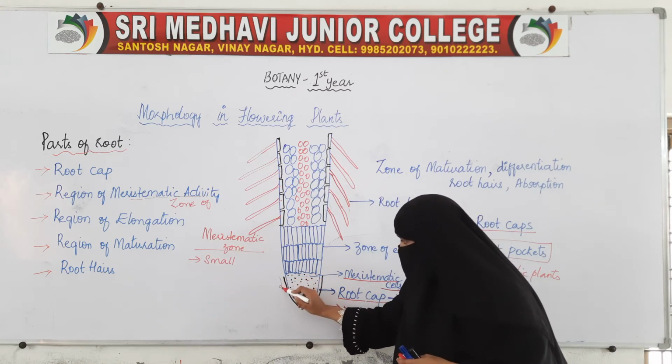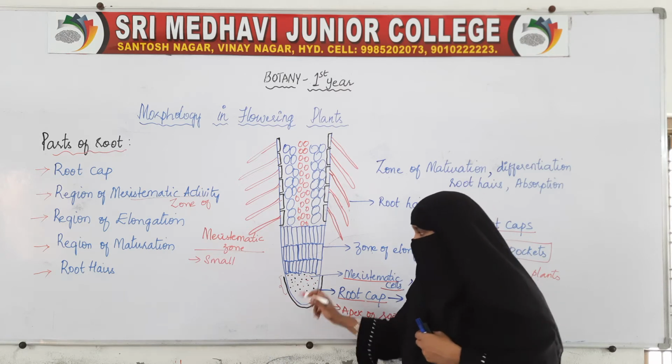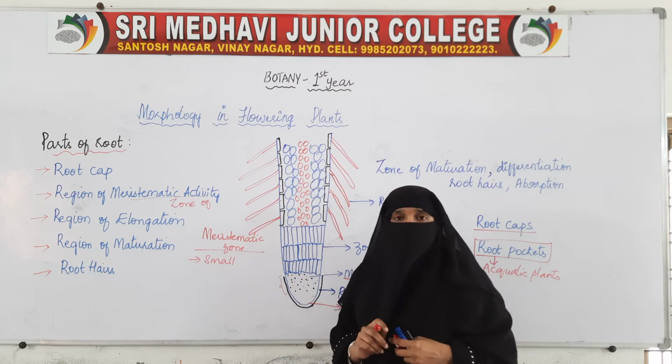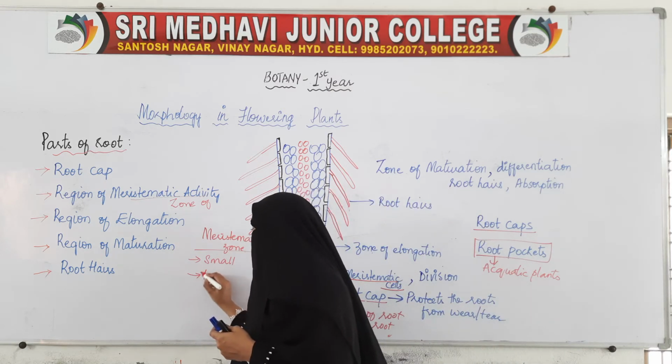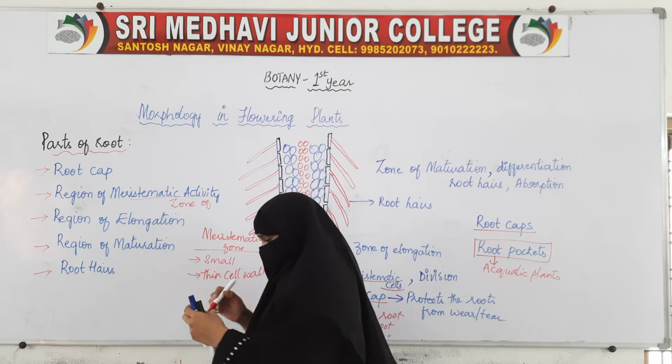This is the zone of meristematic activity, where we find meristematic cells. These meristematic cells are small and they have very thin cell wall.